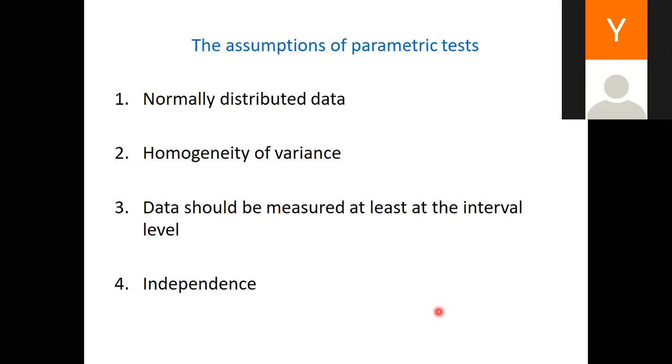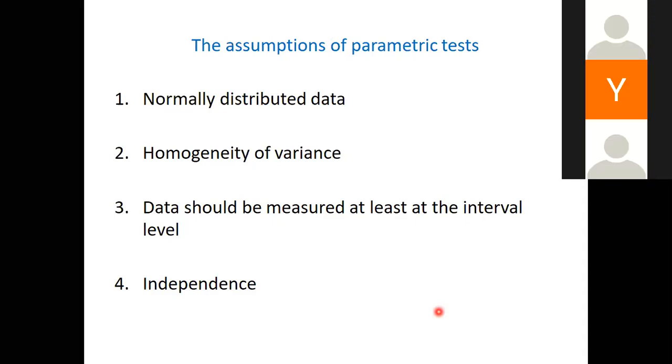Then independent. The last thing, independent. Independent means that the two groups you are measuring, the two samples you are comparing, the measurement must be from different people. But I've already said that this is the least important of the criteria.